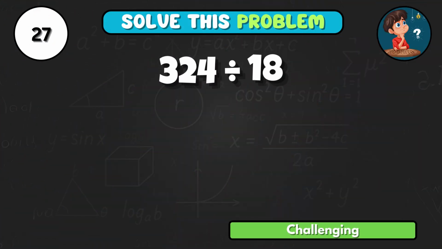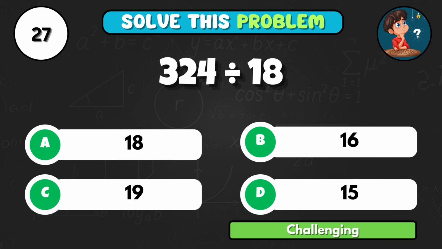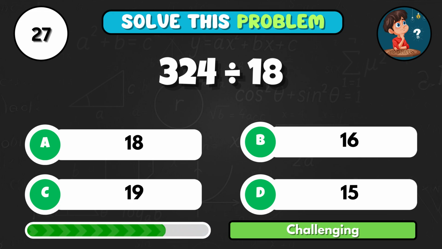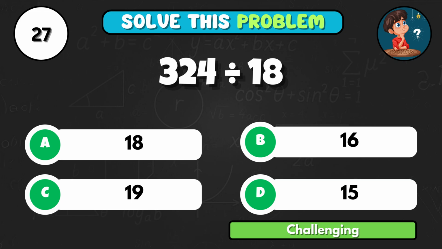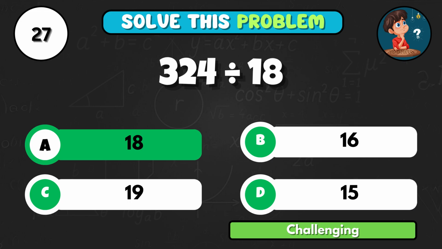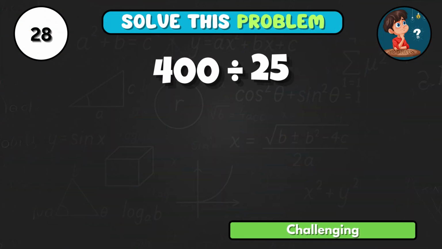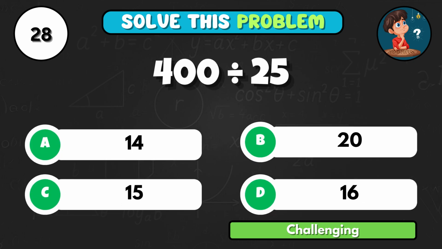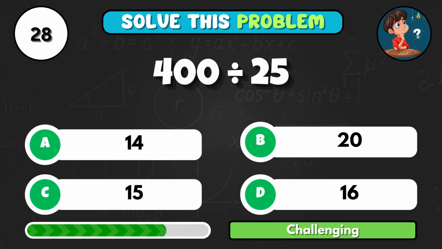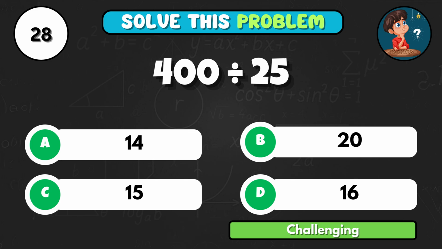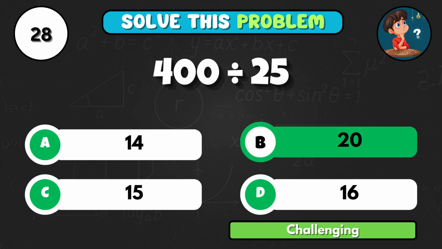Divide 324 by 18. That's A, 18. 400 divided by 25 equals what? It comes to B, 20.